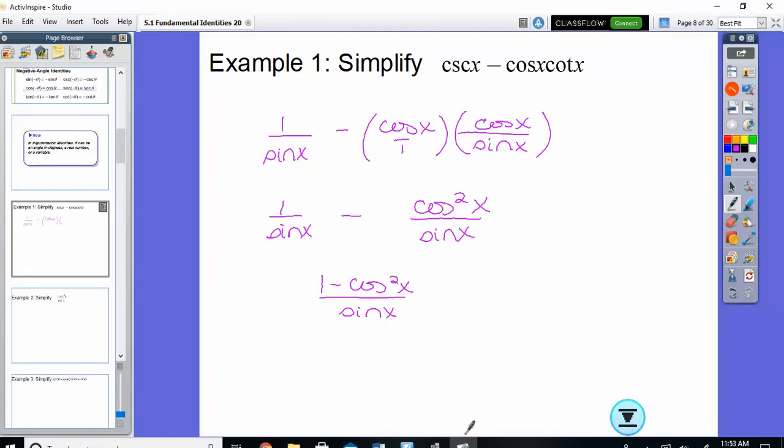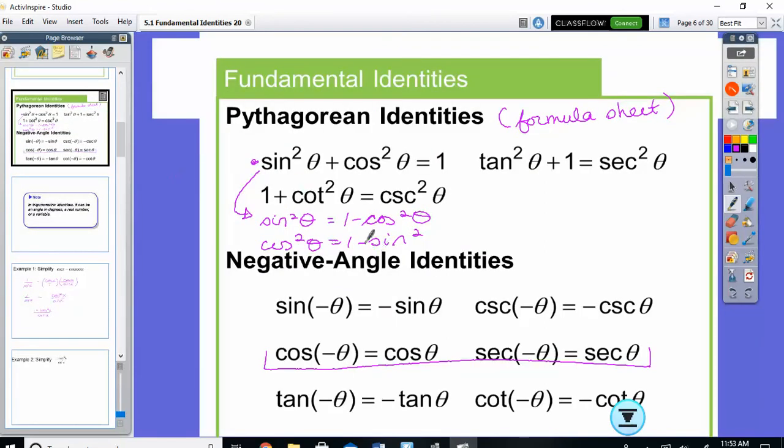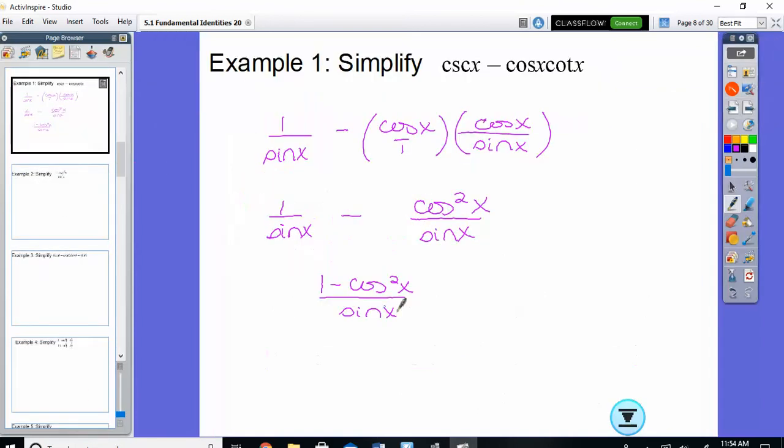What's 1 minus cosine squared? One minus cosine squared would be equal to sine squared x over sine x. And we are almost there.